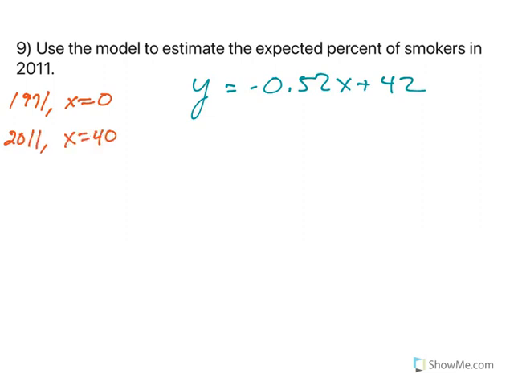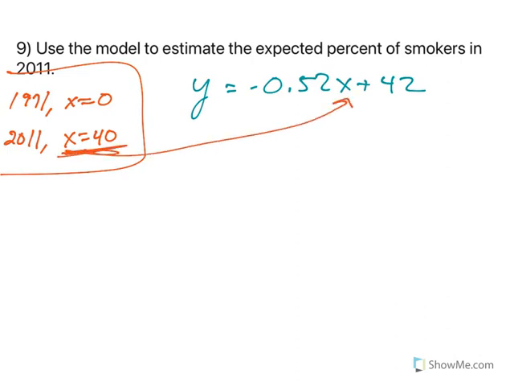Well, that's 40. I'm a very big visual learner, so I write stuff down like this all the time. Sometimes if you see it, it just makes it a lot easier than trying to do it all in your head. So I'm going to take that 40 and substitute it in for x. So y equals negative 0.52 times 40 plus 42.